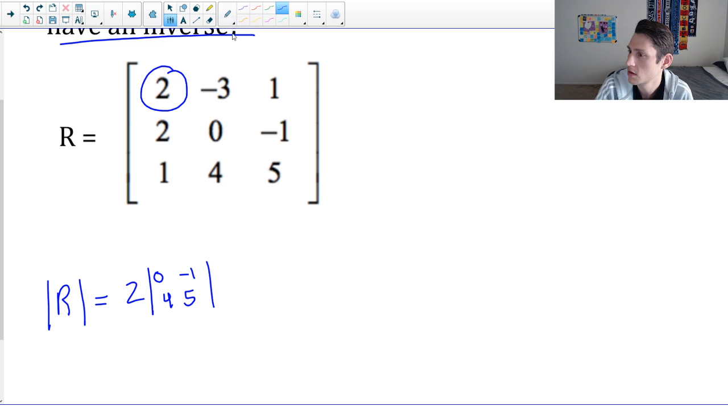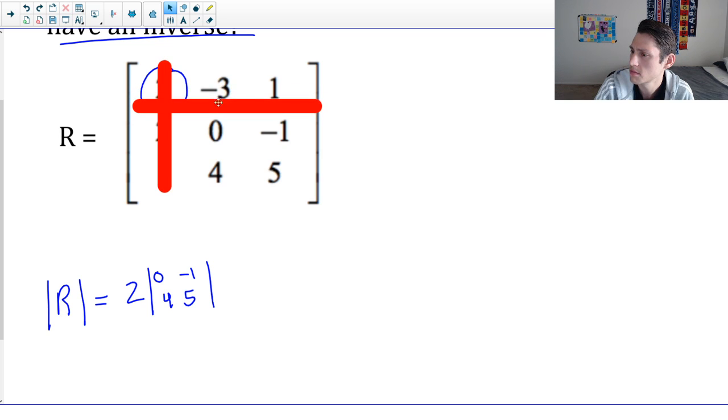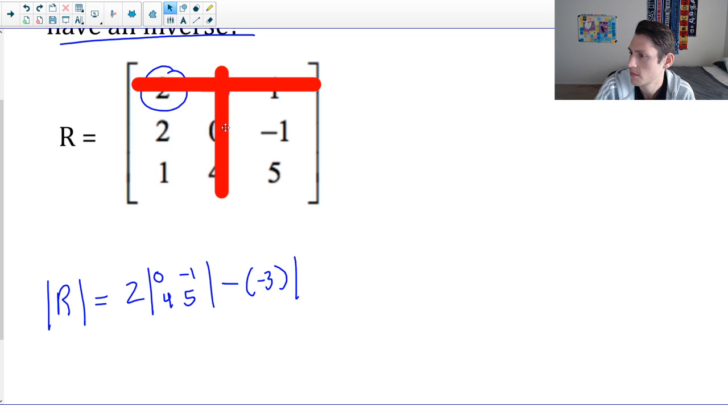Actually, here, let me do this. Okay, cross out the row, cross out the column. Boom, boom. 0, -1, 4, 5. Okay, great. Okay, so now the next term, so I move over to -3, but in between there's a minus, so minus -3 and move this over.